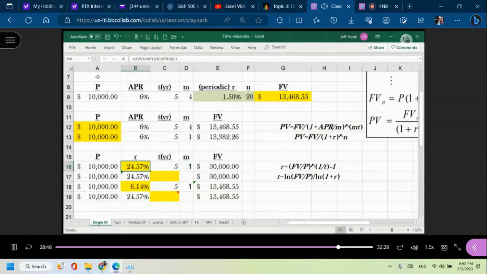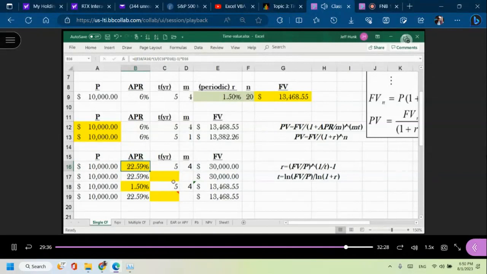So to turn it back to the annual rate, because all the rates must be expressed as annual, what do you need to do? All you need to do is make an adjustment. If what I got there is a quarterly rate, simply by multiplying it by the compounding frequency, you will turn it into an annual rate.